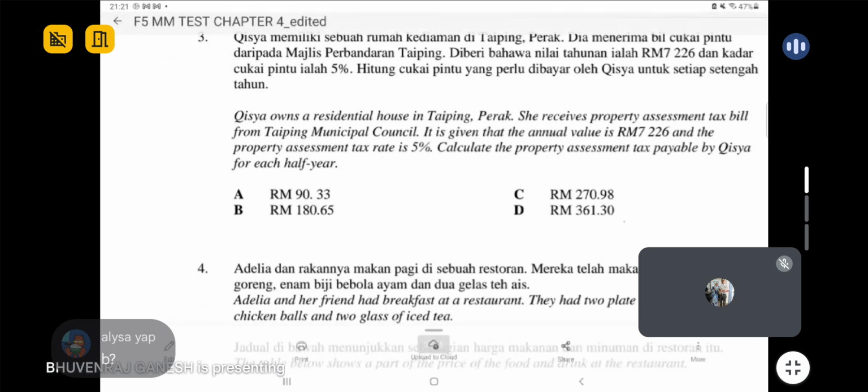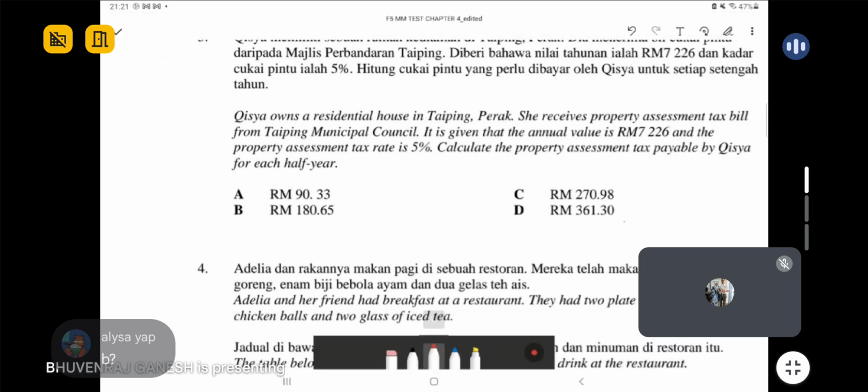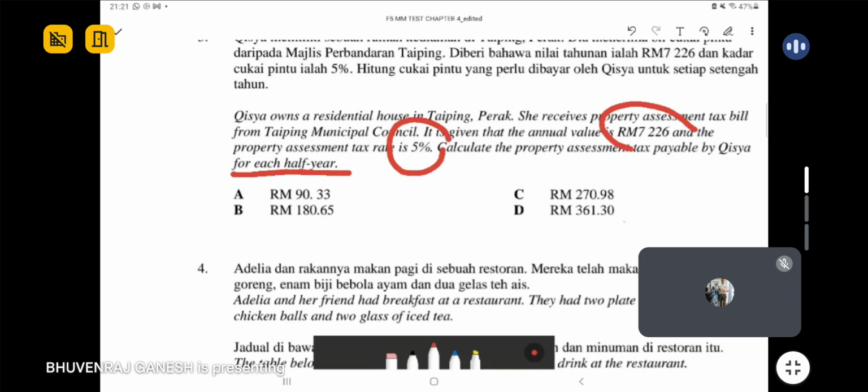Very good. You never get the careless mistake. So the only thing you need to take note here is the question asks you half year, setengah tahun. So guys, when you times these two values, the answer you get, is it annually, 12 months, or 1 month? Bila kamu darab yang ni dengan yang ni, the value you get, is it monthly or annually? Yes. It represents 12 months.